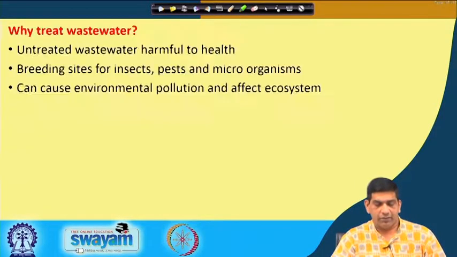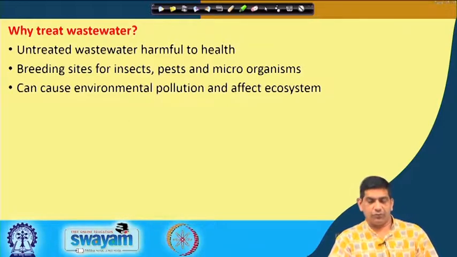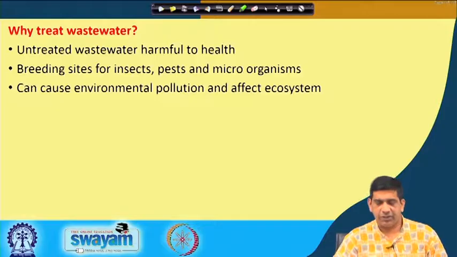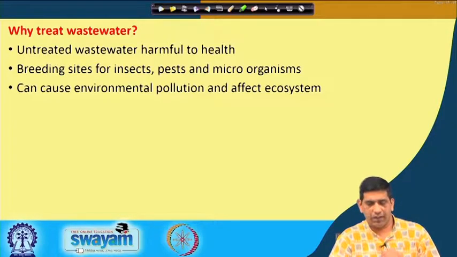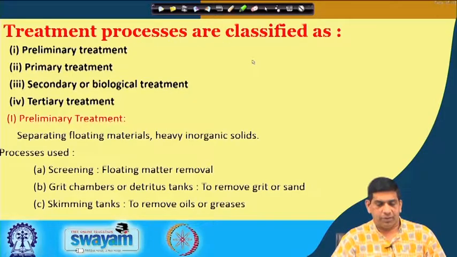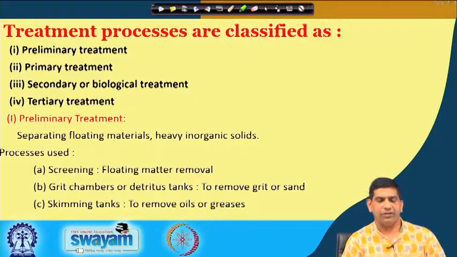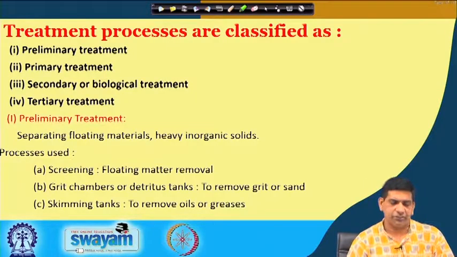That's the reason for the importance of wastewater treatment plants, and the interest from several countries around the world in helping with wastewater treatment systems. The treatment procedure is as follows: first preliminary treatment, then primary treatment, then secondary or biological treatment, and finally, if needed, tertiary treatment. This is the typical way the treatment happens.